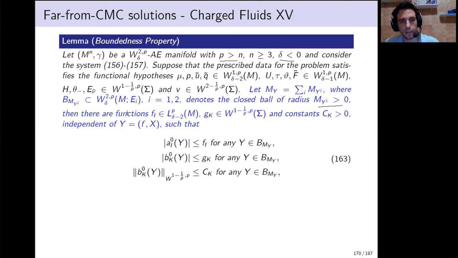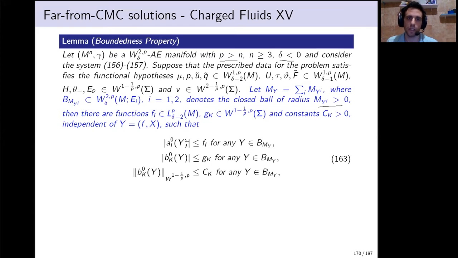Then for our system, what we can see is that there are functions here in L^p_{delta-2}, and also functions on the boundary belonging to this trace space, and certain constants which are independent of the element y that we take in these balls, that satisfy these conditions. So basically, these are all conditions on the coefficients associated with the Lichnerowicz equation.